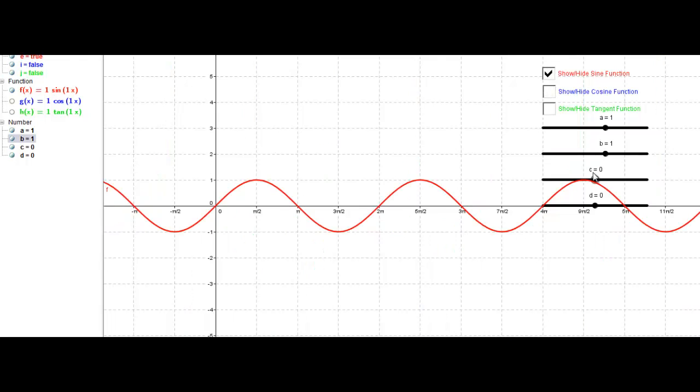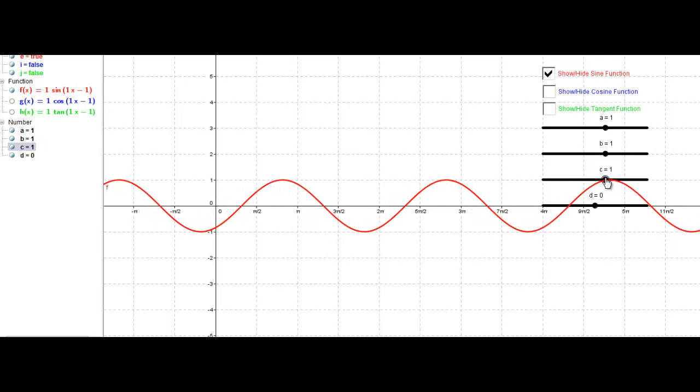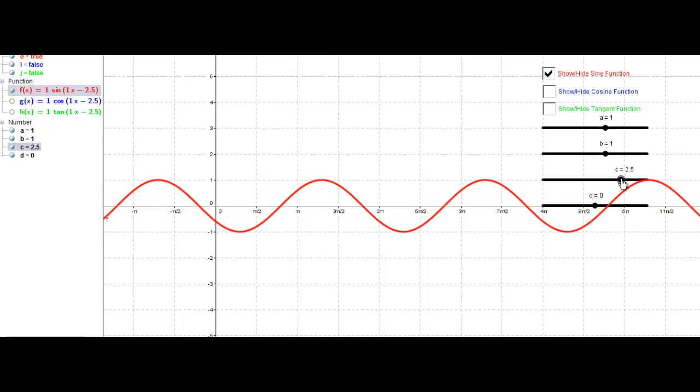Now let's alter c. c, we said, was the phase shift, and what that does is it moves the graph to the right or to the left. So when I have c equal to 1, for example, then I'll have x minus 1 here. When it's minus, it moves the graph to the right. You see?